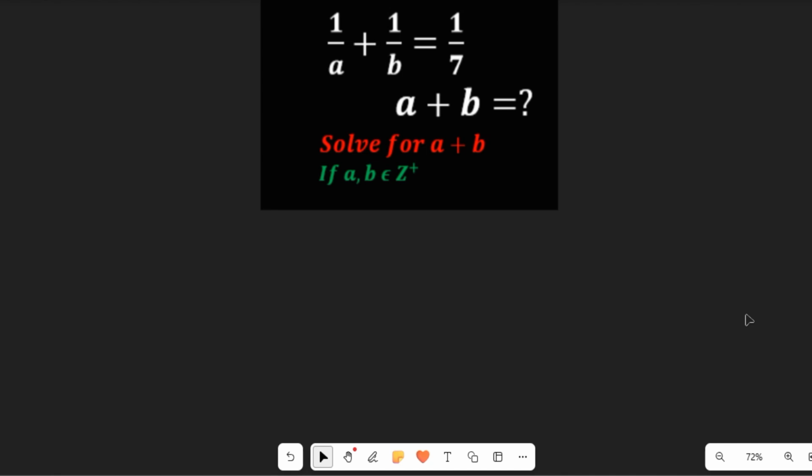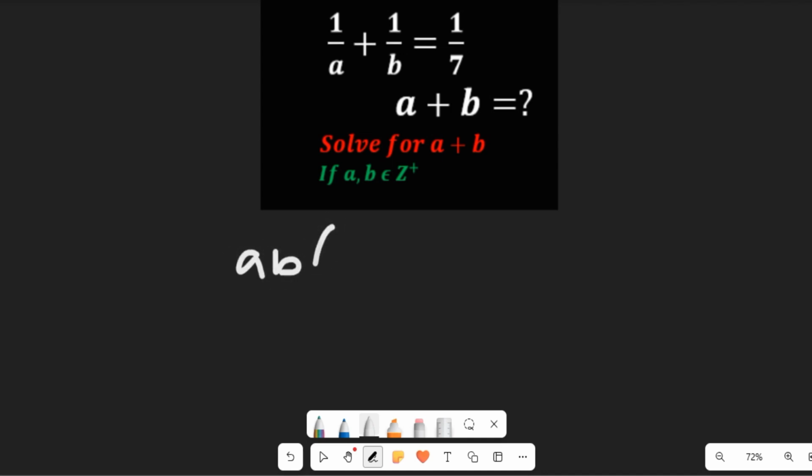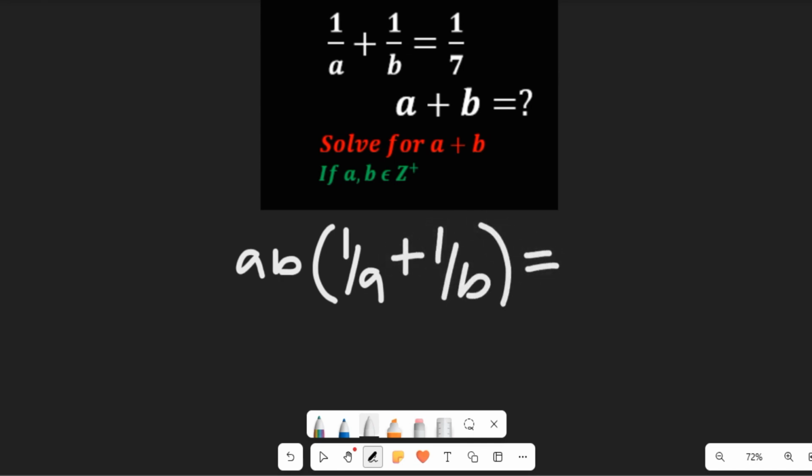So to remove the fraction, all we need to do is to multiply both sides by a multiplied by b, which is the common multiple. So we'll have ab multiplying 1 divided by a plus 1 divided by b, and all of these will be equal to 1 divided by 7 multiplied by ab.